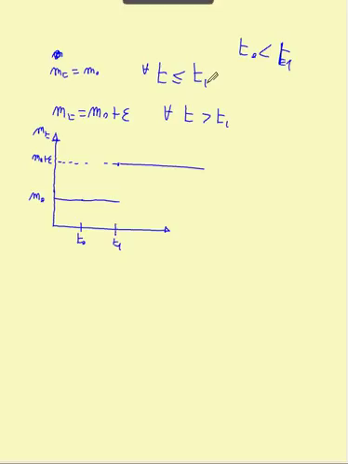This is an expected increase, and what is different is the dynamics between T0 and T1, between the day in which you have the announcement and the day in which you have the actual increase of the nominal money stock. The problem is to derive these dynamics.